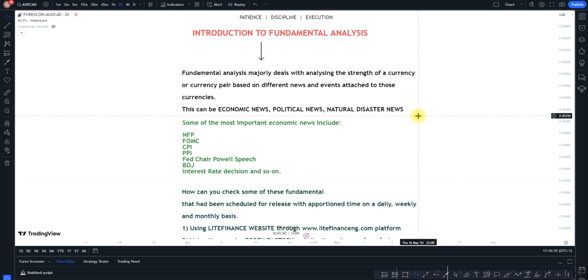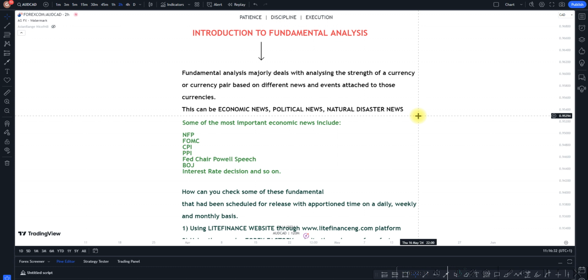If you are buying USD JPY now, it means we already know that USD is stronger than the Japanese yen. Or if you are selling now, it is telling us that the USD is weaker than JPY. So that is the basis of fundamental analysis.